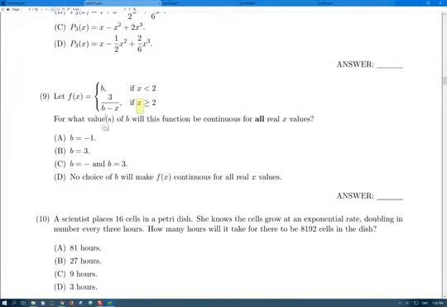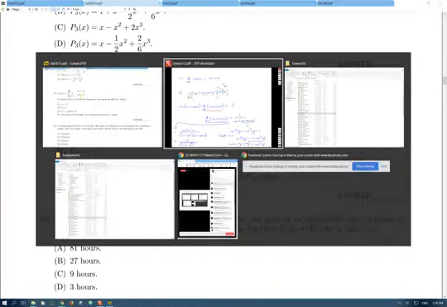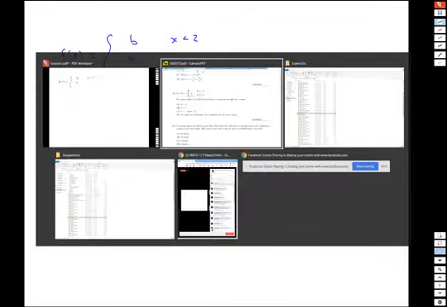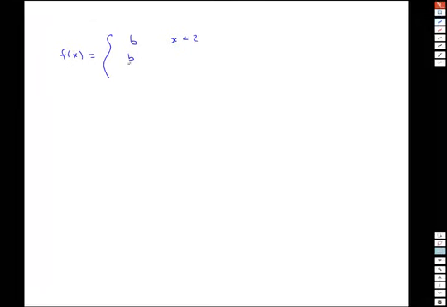I'm just going to copy this over. So we have a function which is b when x is less than 2, and 3 over b minus x when x is larger than or equal to 2.